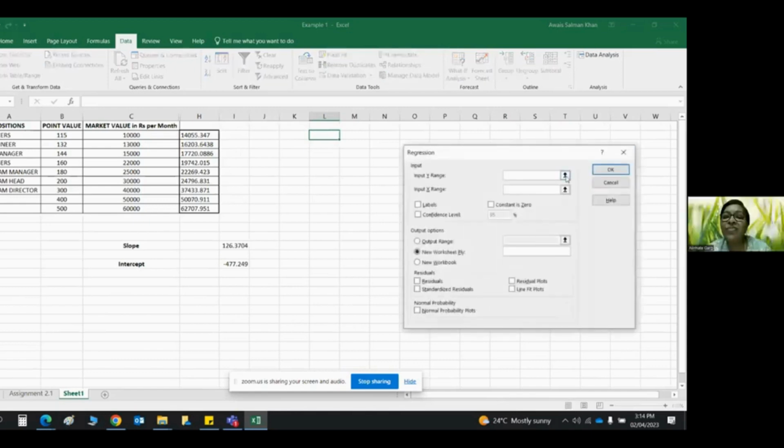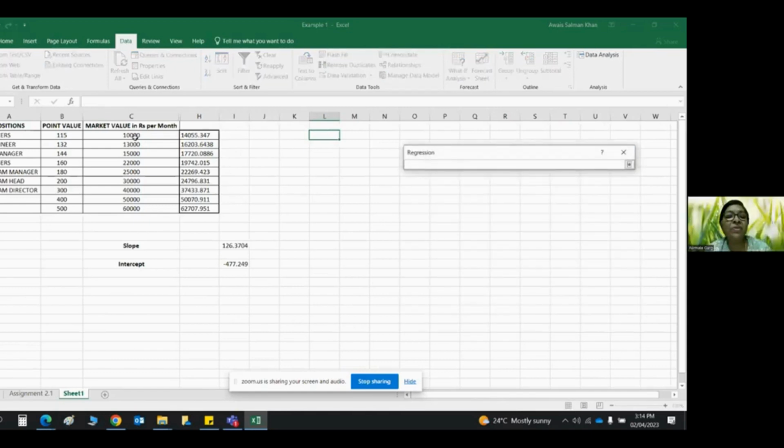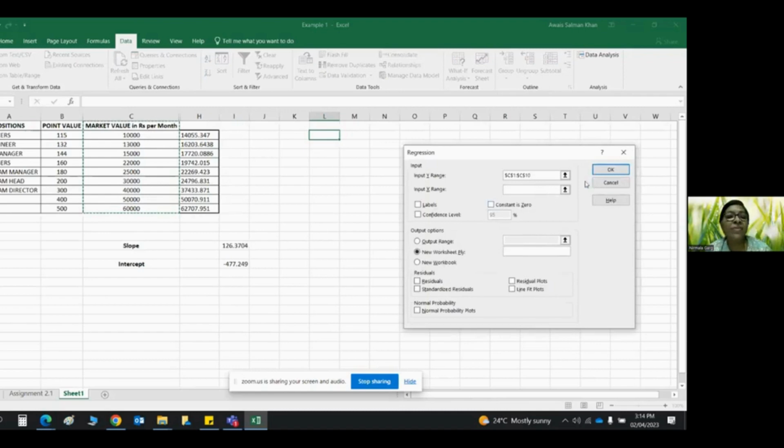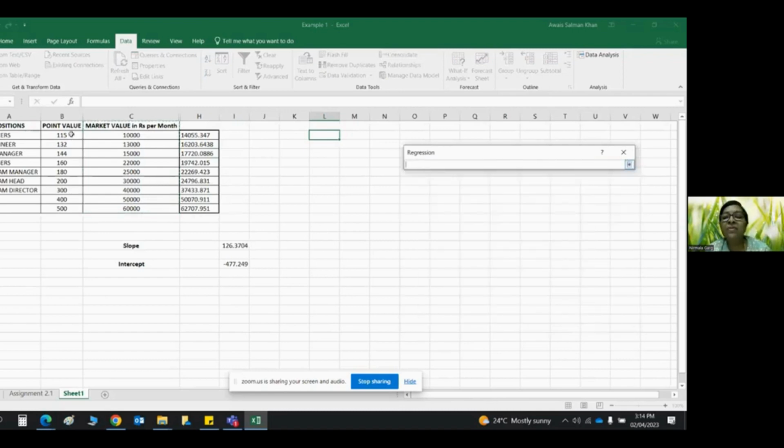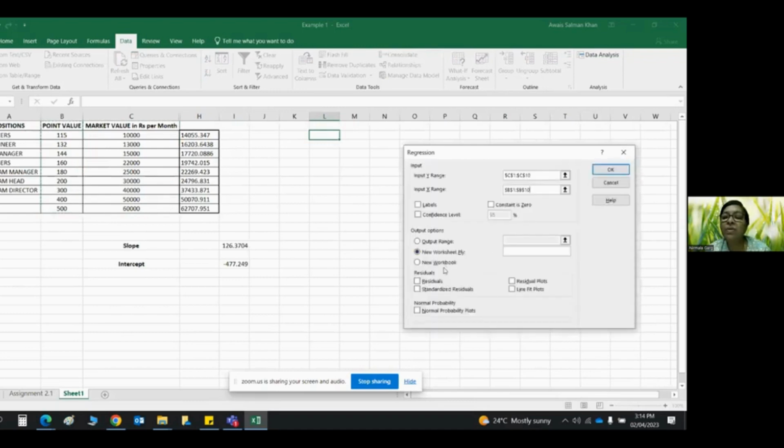Input Y range with the labels. Y is your market value with the labels. Now X with the labels. Good. Now label, pick the label.